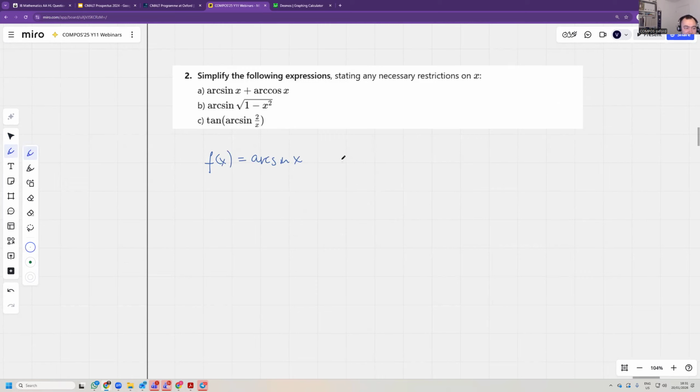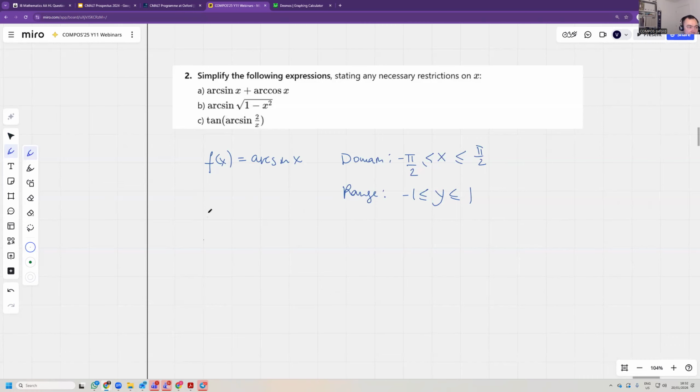Well, we know that the domain for arc sine is x is less than or equal to negative pi, and less than or equal, is it pi over 2? I think pi over 2 and pi over 2. Yes. And the range is negative 1 to 1.